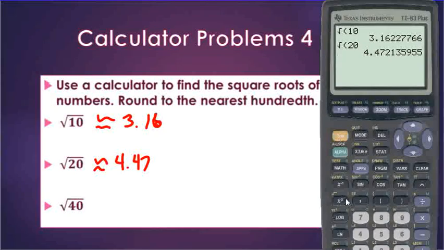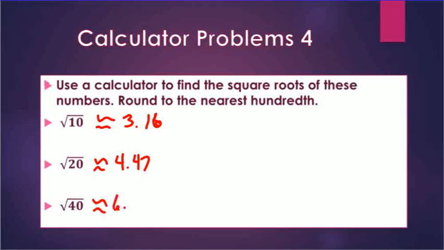Second square root of 40 would give us about 6.32. Now we could figure out the estimate without a calculator by taking the perfect square before the radicand, before 40, and the perfect square after 40, and give a general estimate. Using your calculator will give us a more accurate estimate.